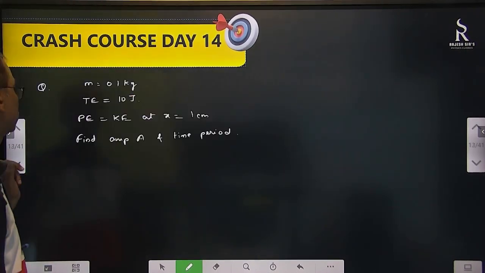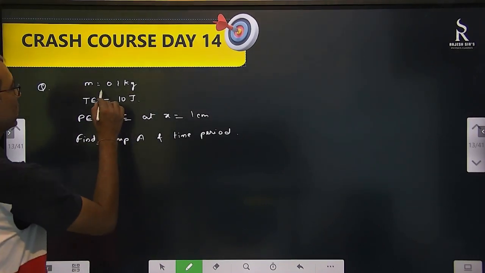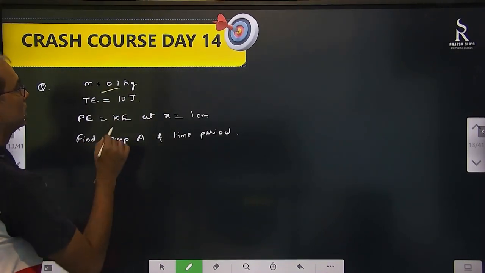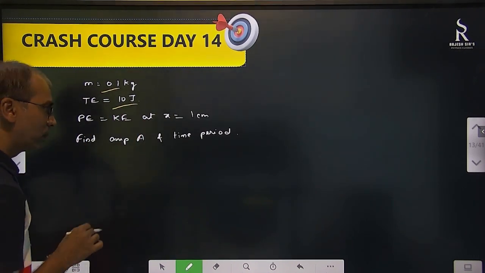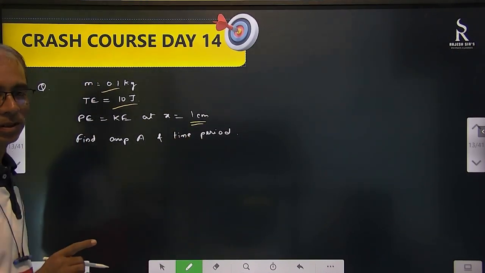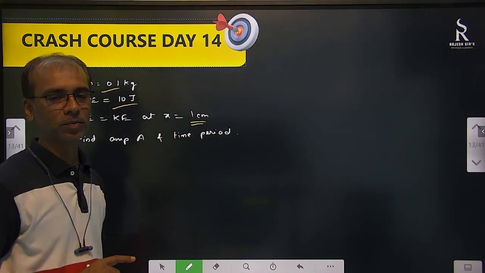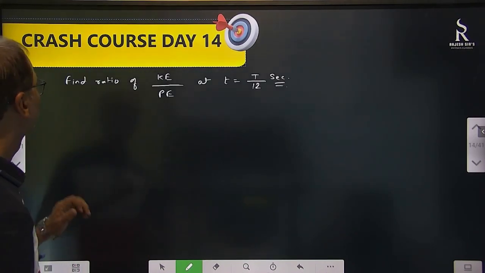Now next, what's next? Mass is 0.1 kg, total energy is 10, potential energy and kinetic energy are equal at x equal to 1 centimeter. Now we already know where potential and kinetic energy are maximum. We know that, right? No, we'll do that question first and then we'll come back.